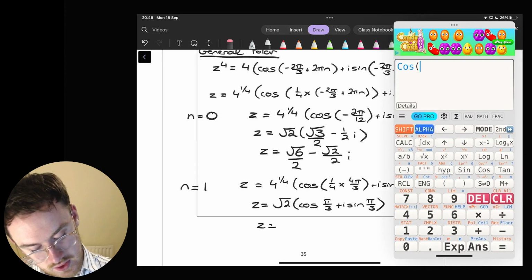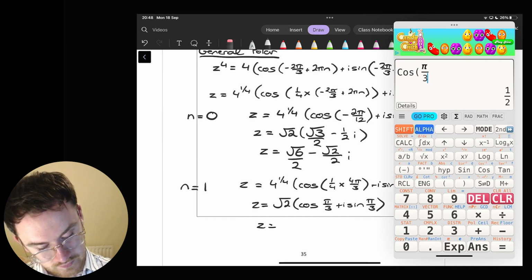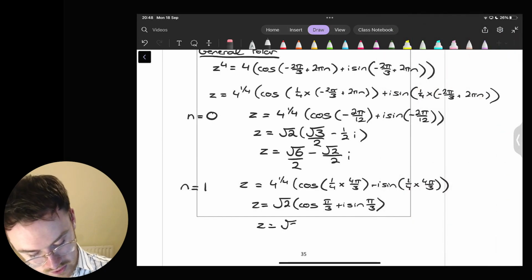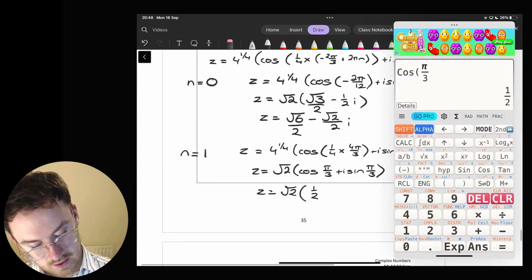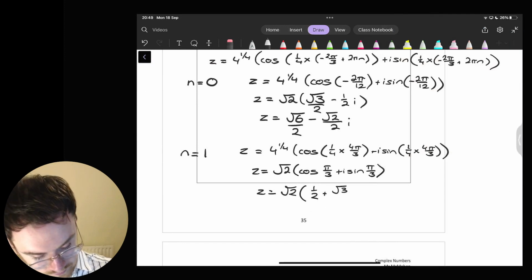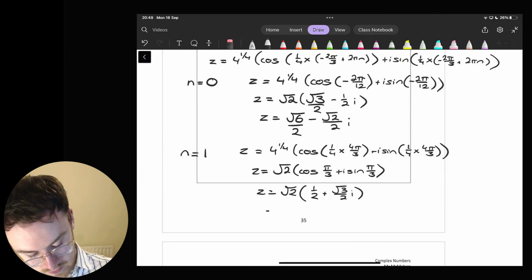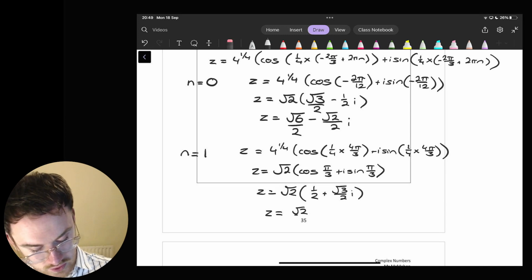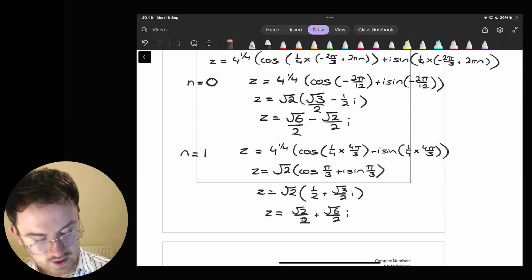So cos of pi over 3 is a half, root 2 times a half. And then sine of that is root 3 over 2. So we get an answer of root 2 over 2 plus root 6 over 2 i.